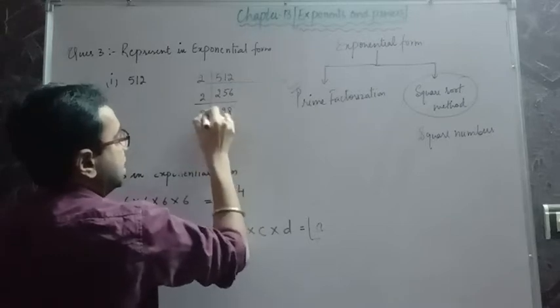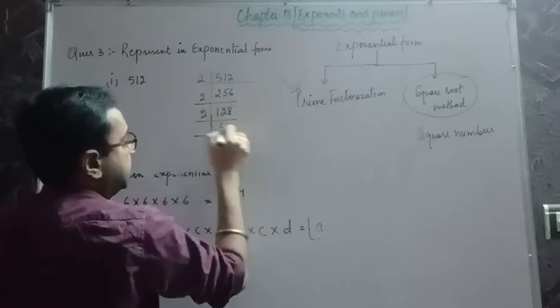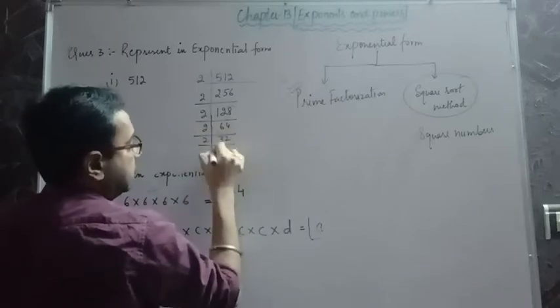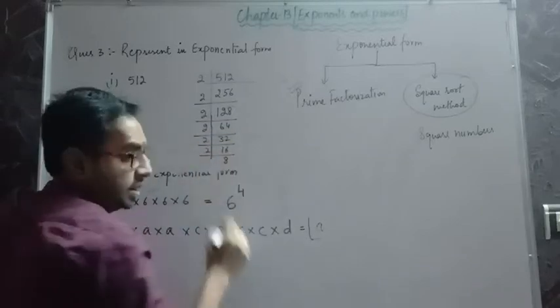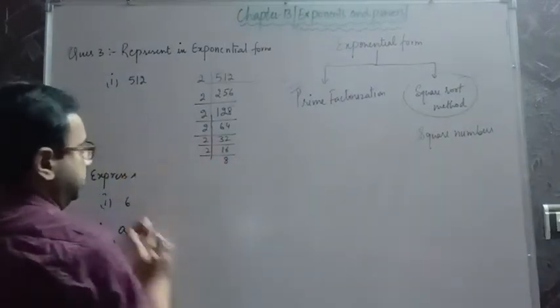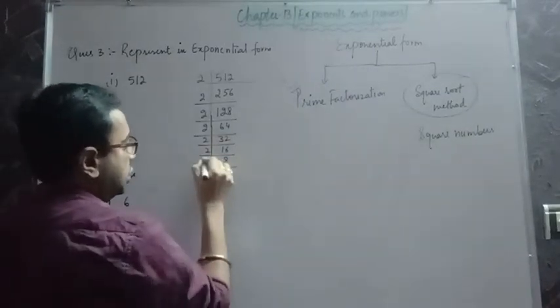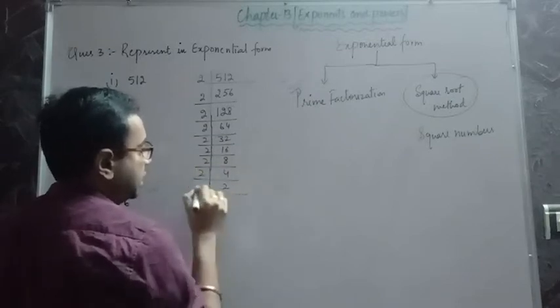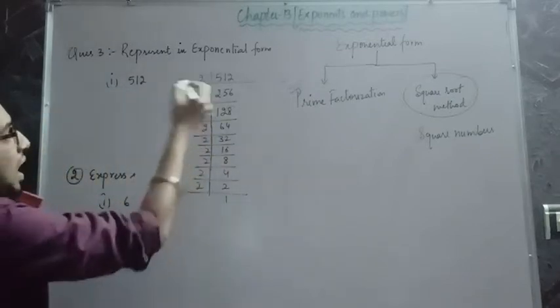Then 64. Then 32. Then 16. Then 8. Then 4. Then 2. Then 2 1s are. So how can I write?